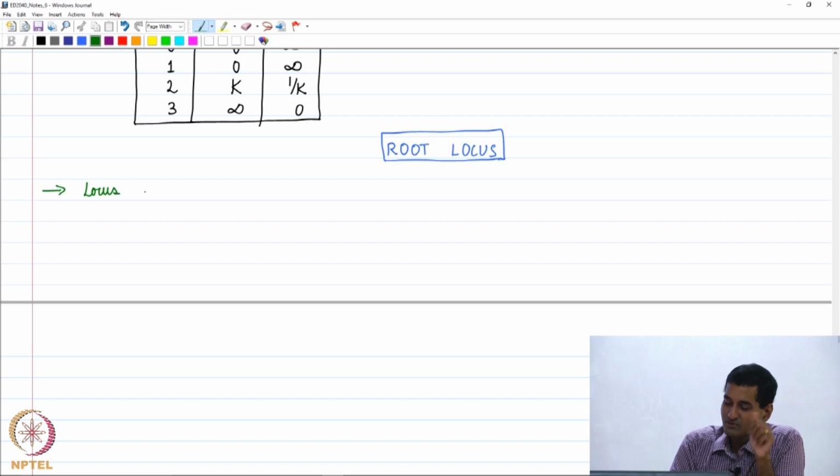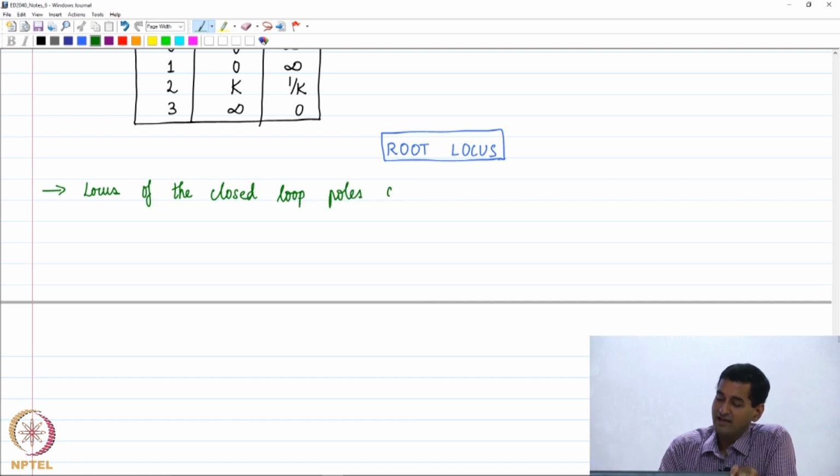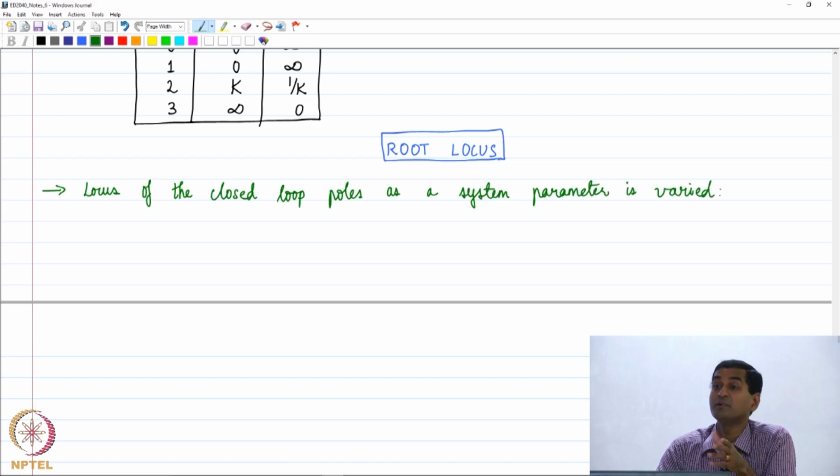This is the locus of the closed loop poles as a system parameter is varied. For example, if I vary the open loop gain K, capital K, which came in the previous slide, how do the closed loop poles vary?